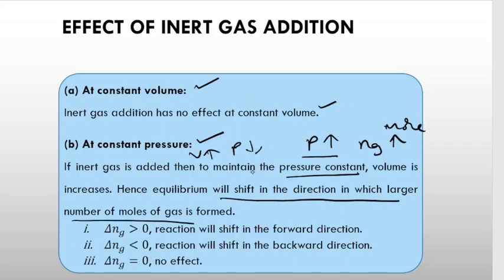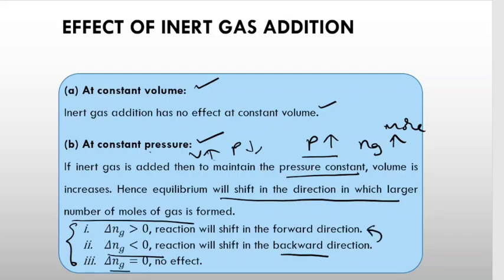So you can take any example and the conclusions here are: if delta N is less than 0, and we add inert gas, as the volume is increasing, pressure is decreasing, as we discussed already, the backward reaction is favorable. And exactly the opposite case is this one.